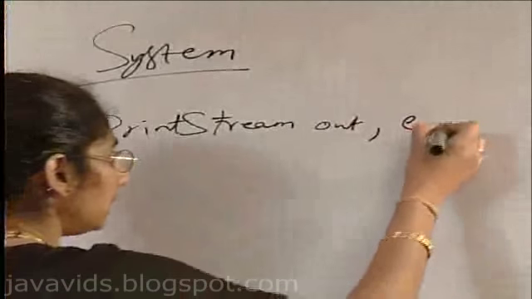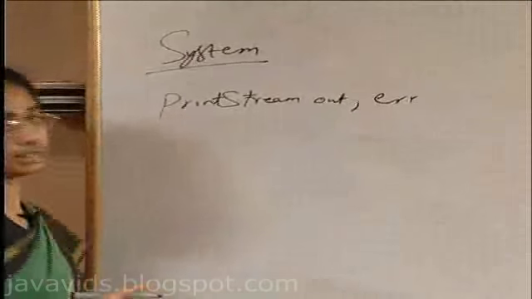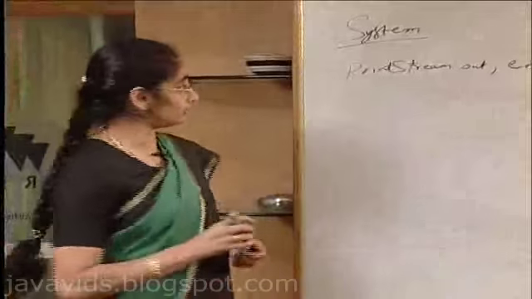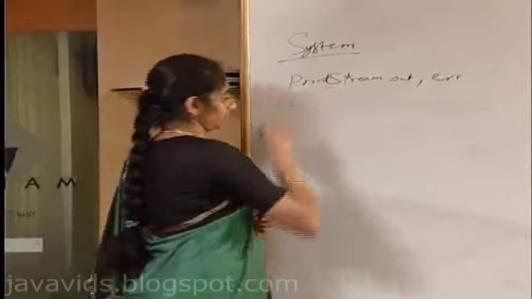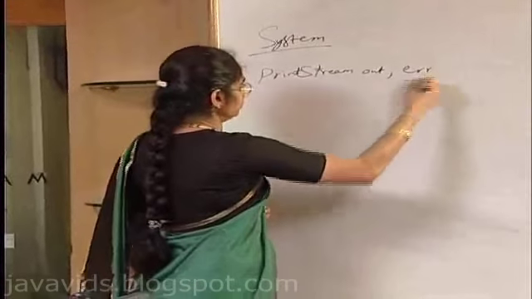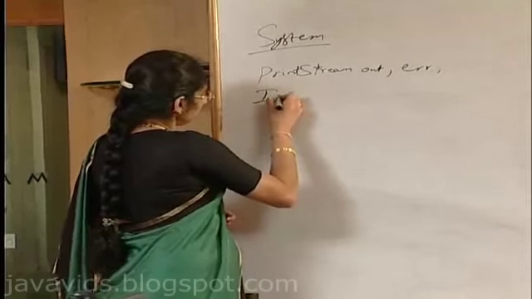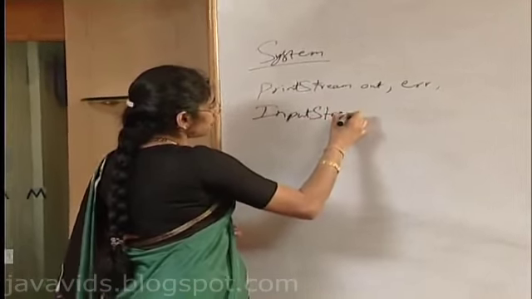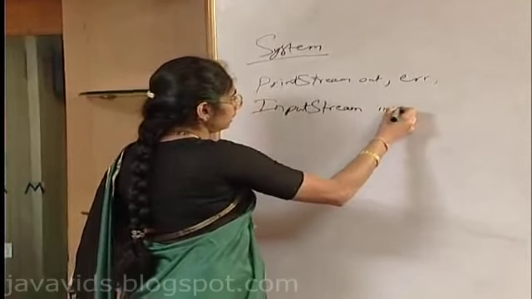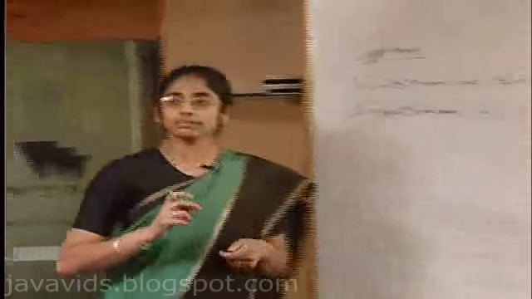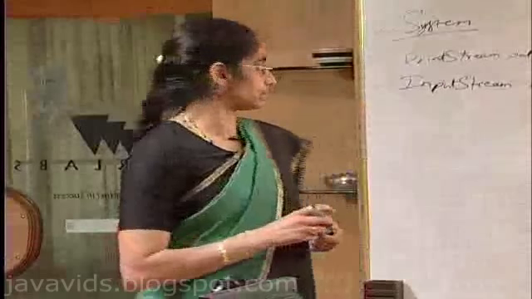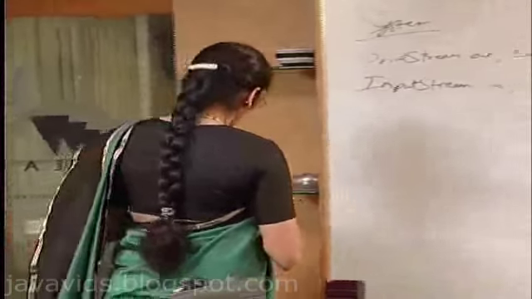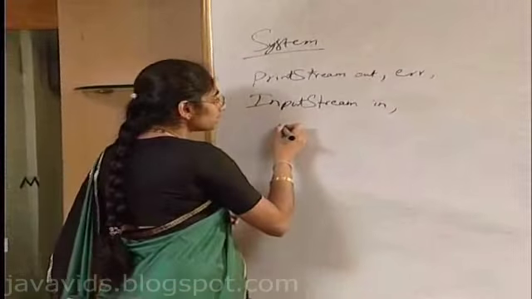Similarly, a standard error device is represented as an instance variable err, which is of type PrintStream. We also have an InputStream object called in in the System class, which represents the standard input device. Apart from that, there are several other methods out here.